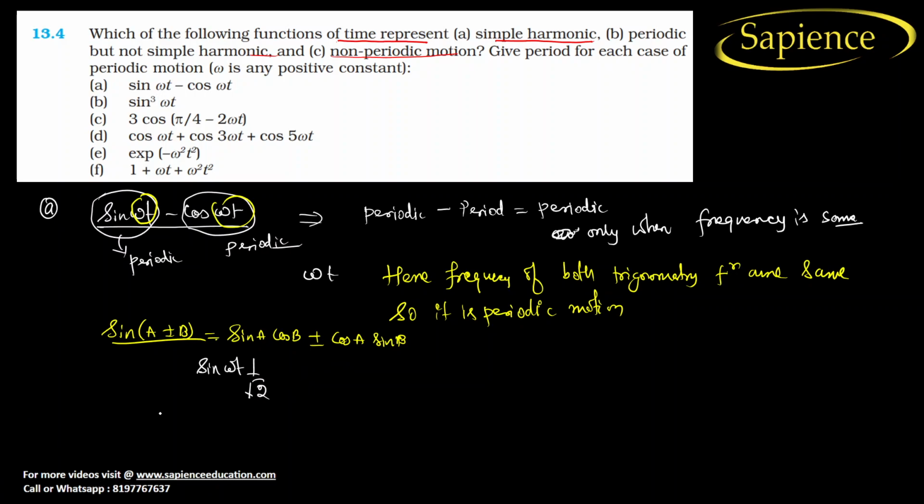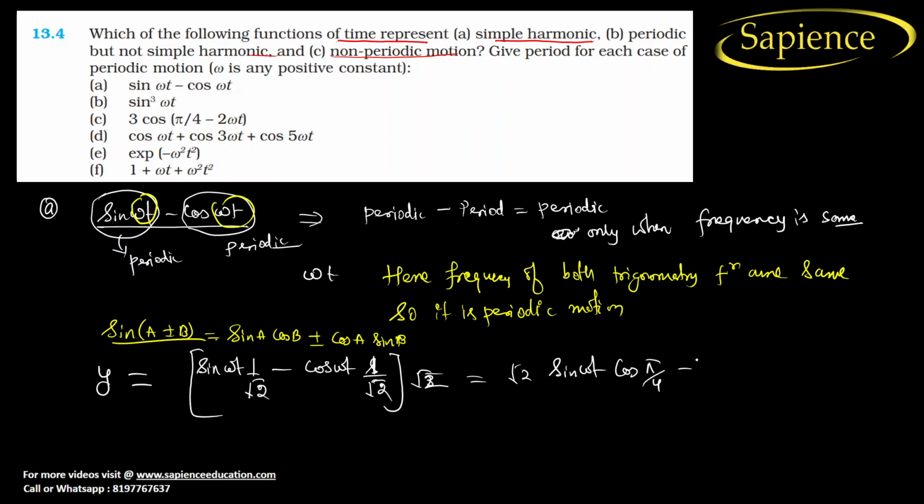So if I use minus, this will be cos A, and cos A we already have, cos omega t, into 1 by root 2. This whole can be multiplied by root 2. So the above function can be written as root 2 into sine omega t into cos pi by 4 minus cos omega t into sine pi by 4.